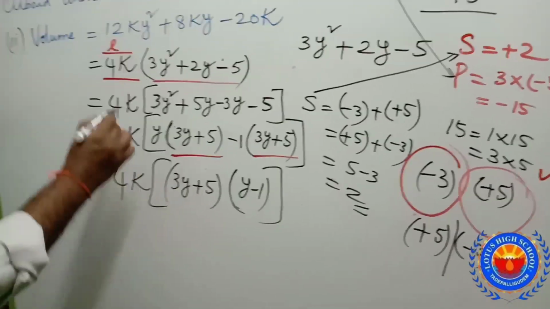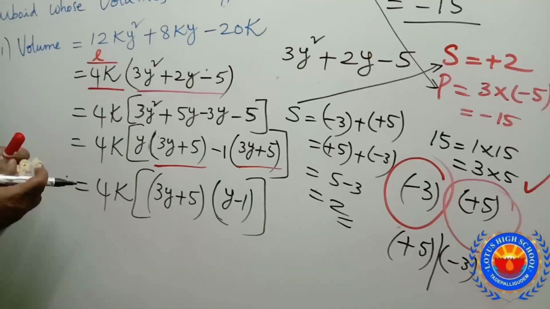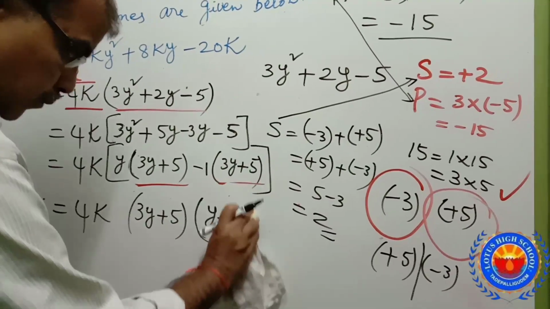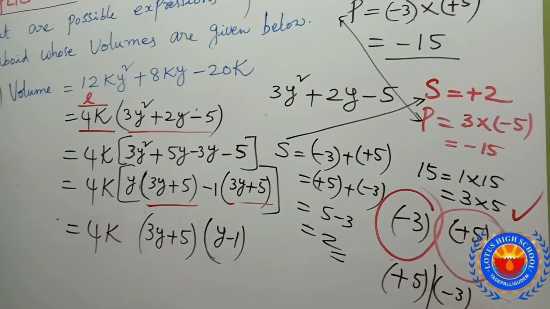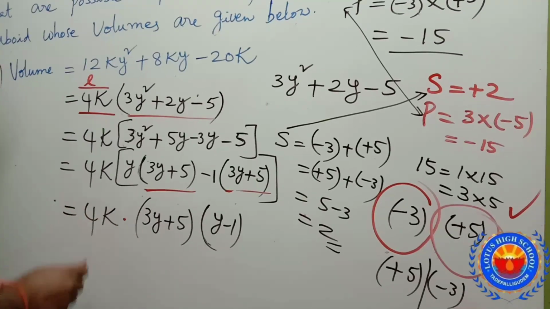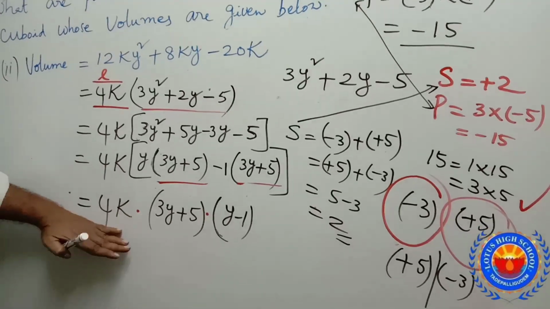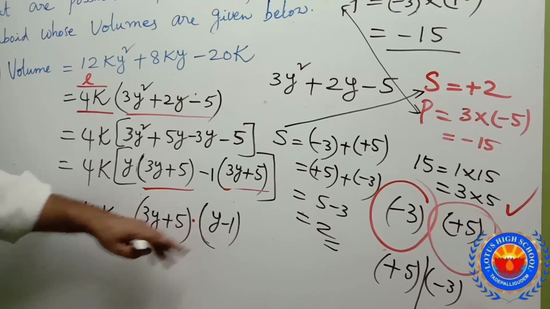Finally I can remove these brackets and write 4k into 3y plus 5 into y minus 1.